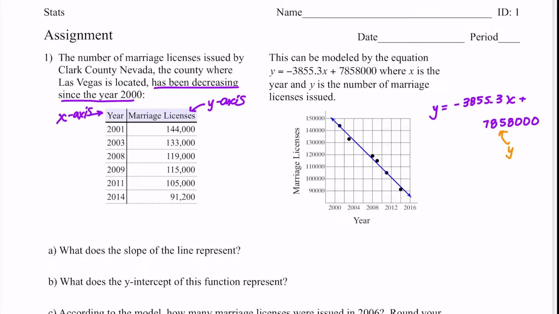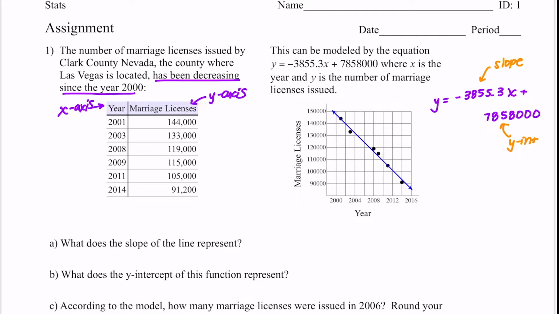And so the 7 million number is your y-intercept, and this is your slope right here. That means the number of marriage licenses issued changed by negative 3,855.3 every year, so it decreased by 3,855.3. So the slope of the line represents the change in marriage licenses issued per year.